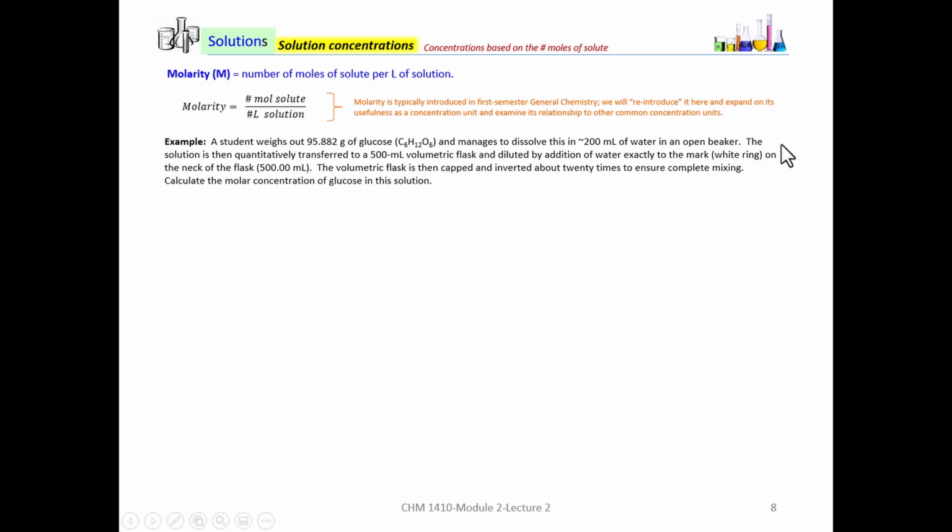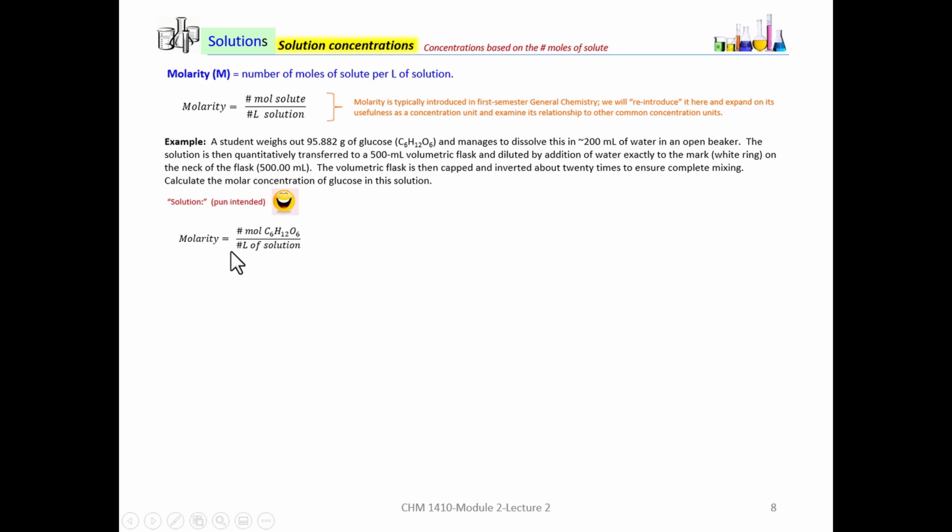The solution is then quantitatively transferred to a 500 milliliter volumetric flask and diluted by addition of water exactly to the mark, the white ring on the neck of the 500 milliliter flask. This volumetric flask is then capped and inverted about 20 times to ensure complete mixing. Let's determine the molar concentration of glucose in this 500 milliliters of solution.